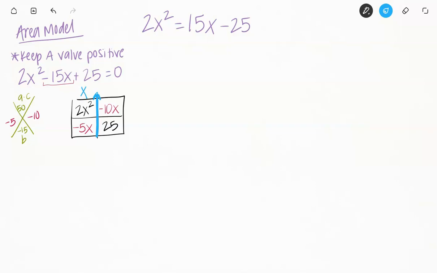So this top row, the 2x squared, is positive, so this x is going to be positive. Over here, negative 10x and 25, the greatest common factor here is 5, but because the negative 10 is negative, we need to bring the negative up with us.